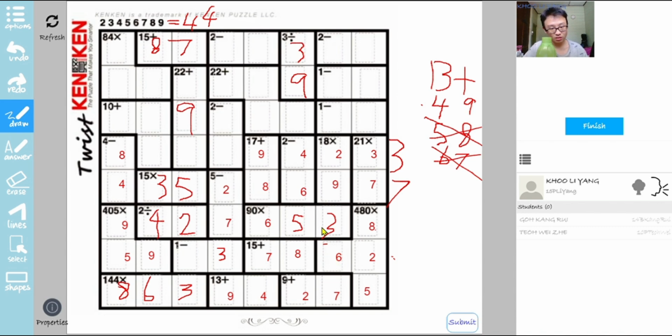So 3 will be at the very left, and 5 is at the center. In this column, the only number left is 7. So for sure 7 is here.